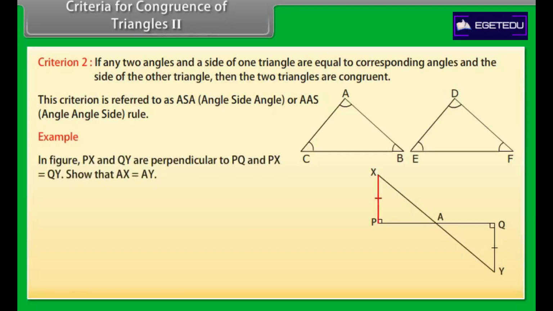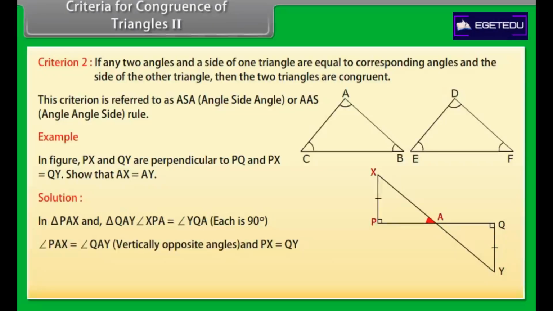In the figure, PX and QY are perpendicular to PQ and PX is equal to QY. Show that AX is equal to AY. Solution. In triangle PAX and triangle QAY, angle XPA is equal to angle YQA because each is 90 degrees.